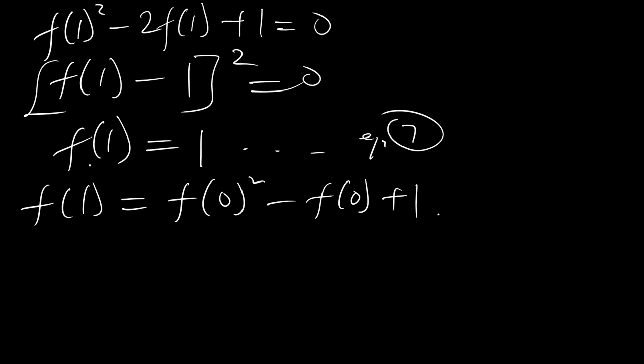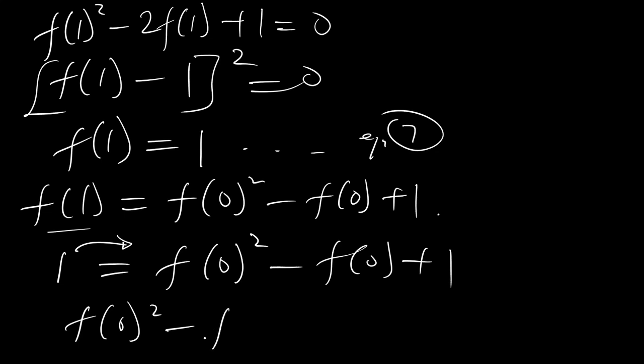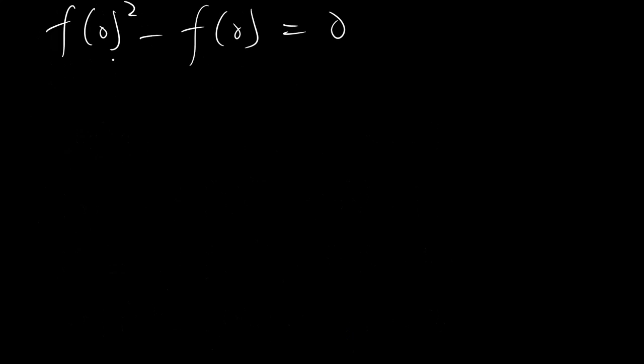Substituting f of 1 equal to 1, we say 1 is equal to f of 0 squared minus f of 0 plus 1. Moving this 1 to the other side, we have f of 0 squared minus f of 0 plus 1 minus 1 equal to 0. So we now have f of 0 squared minus f of 0 equal to 0.